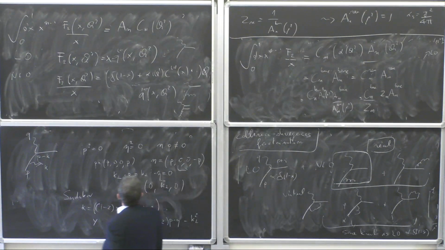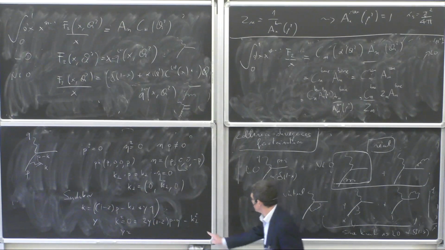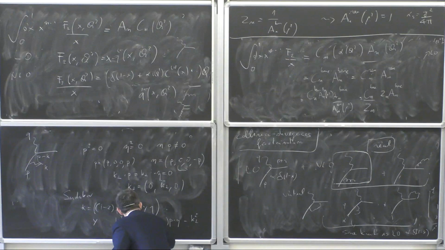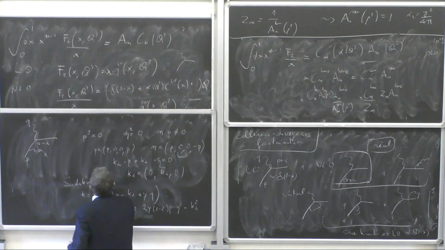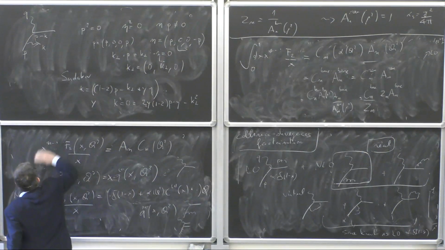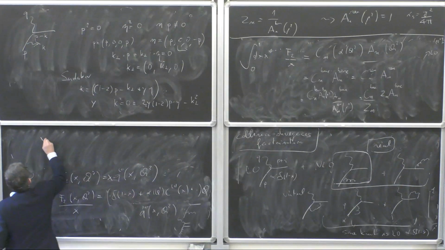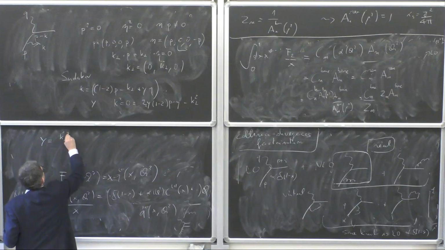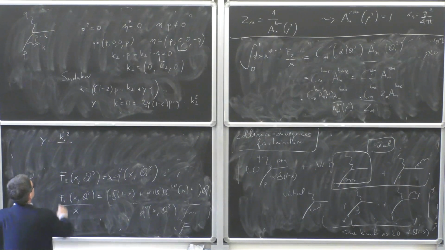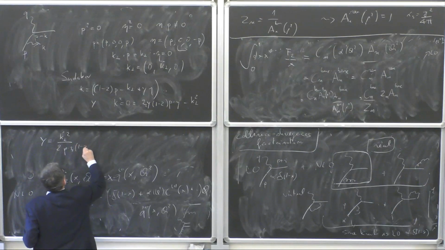So this immediately tells me that, because k square is equal to 0, y is equal to k perp square divided by twice p dot eta (1 minus z).